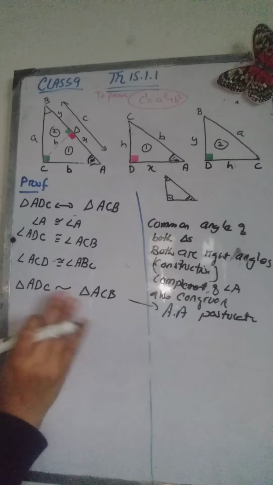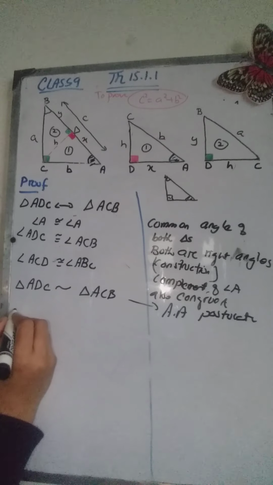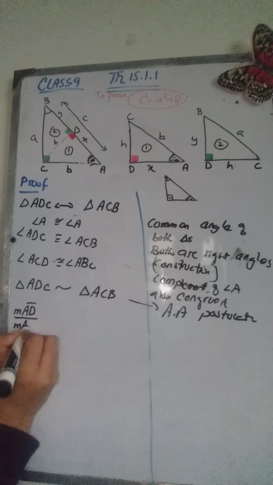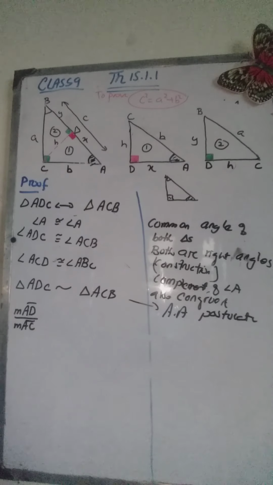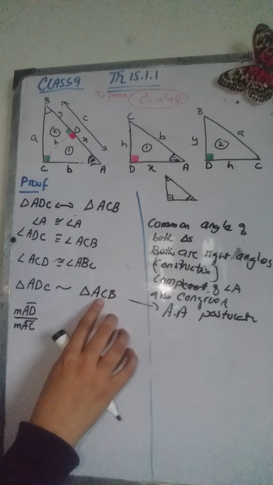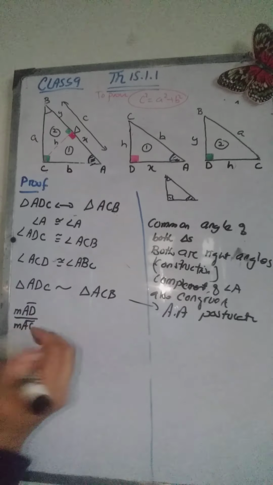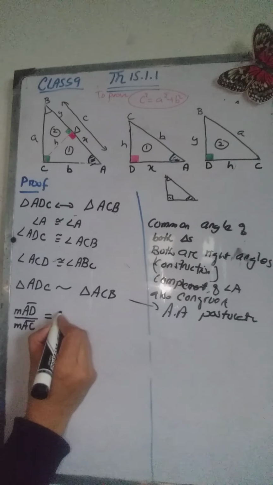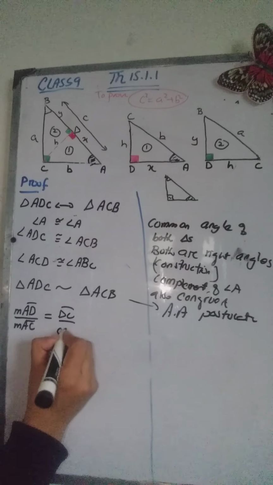So measurement of AD over measurement of AC, where AD corresponds to AC, and corresponding to DC we have CB.